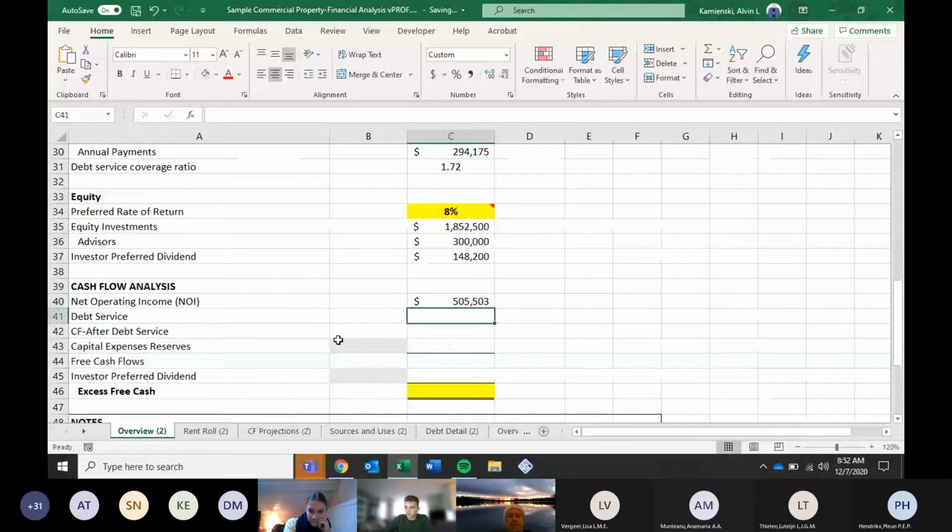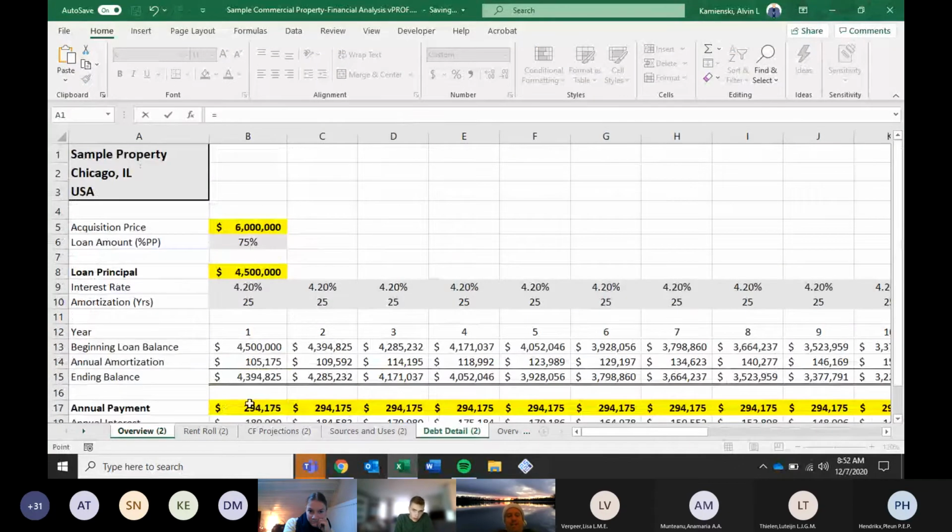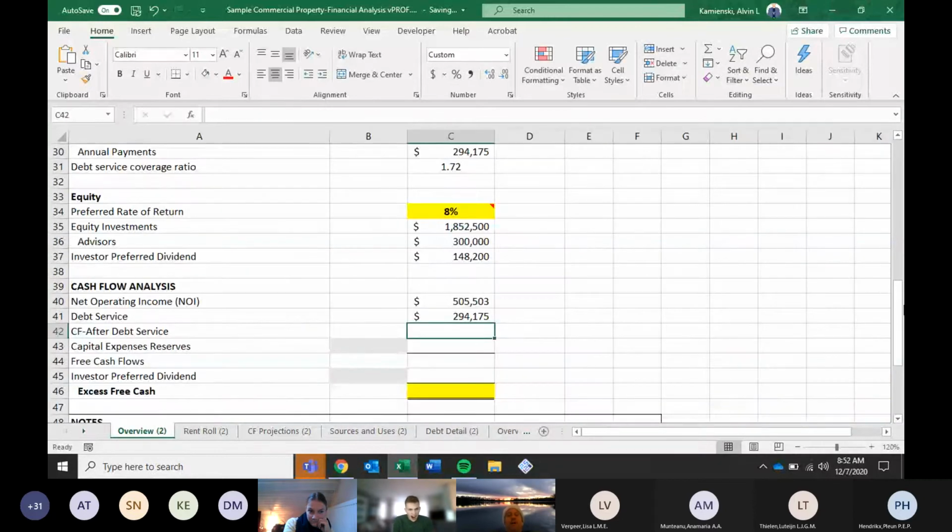From that I'm going to have to pay the banks, and the banks are going to demand just short of $300,000 from me.